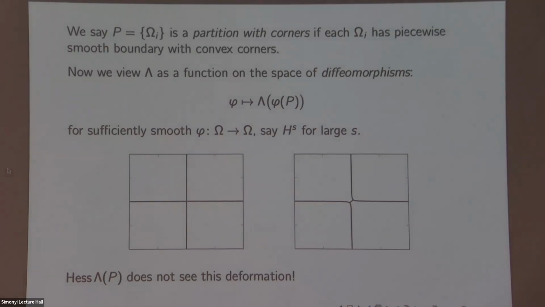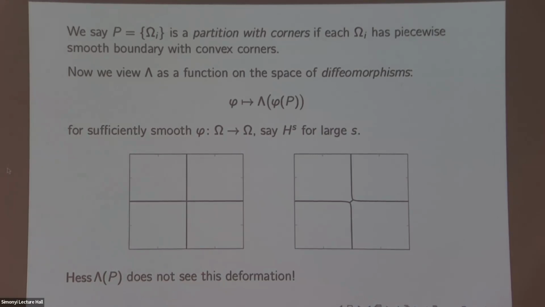However, something really interesting happens here. Even though the partition on the right is not the image of the one on the left by any diffeomorphism, it can be approximated by partitions that are diffeomorphic to the one on the left. And so the picture, I'll try my best to draw it over here, is something like the following.